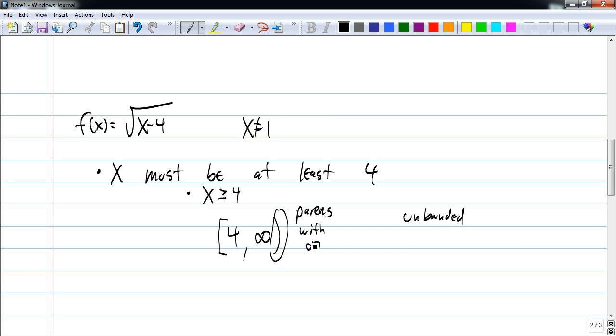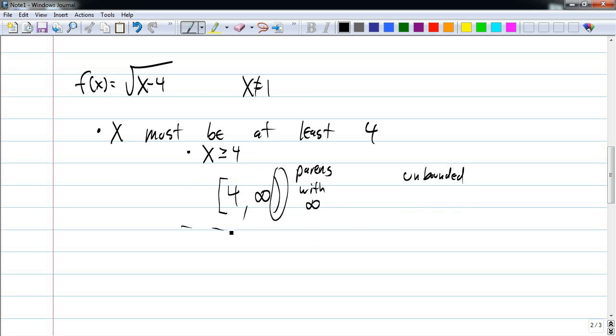Now, if my number happens to be missing a lower bound, I use infinity, but because it's a lower bound, I call it negative infinity. And once again, I use a parenthesis. So this interval would be every number up to, but not including the 5.